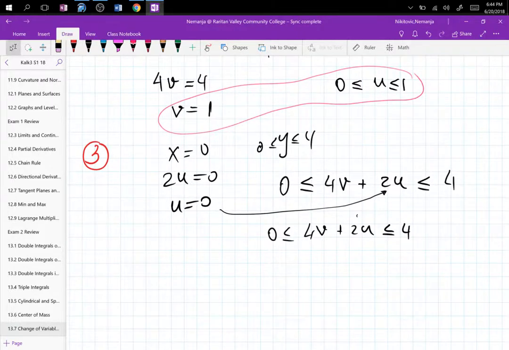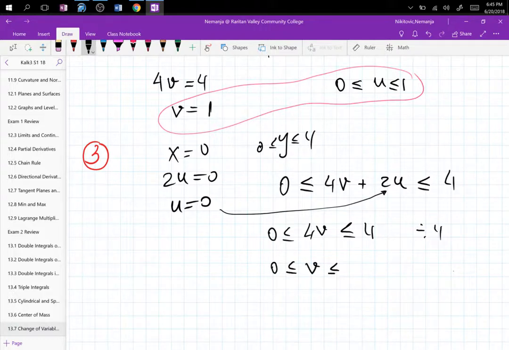Good. Zero. Do the whole arrow and everything. And then do the same thing. Oh, I meant to plug in 0, so this term dies. There we go. For a moment, I was like, what happened here? So now we divide everywhere by 4. Then we get 0 less than v less than 1.